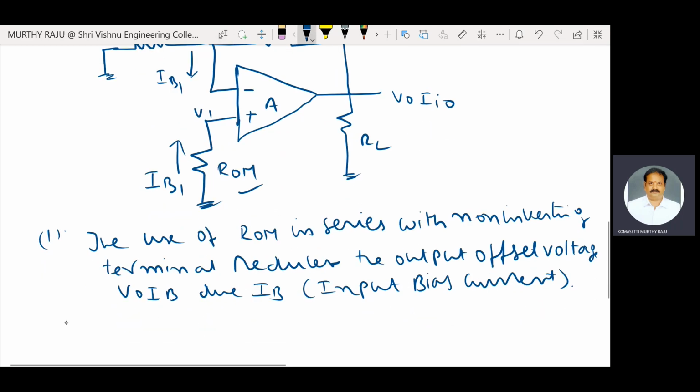Important point: the value of ROM was derived based on the assumption that the input bias currents IB1 and IB2 are equal.